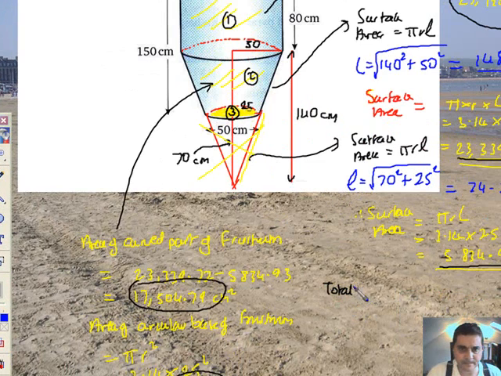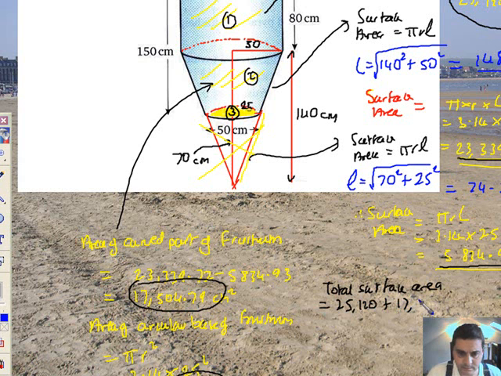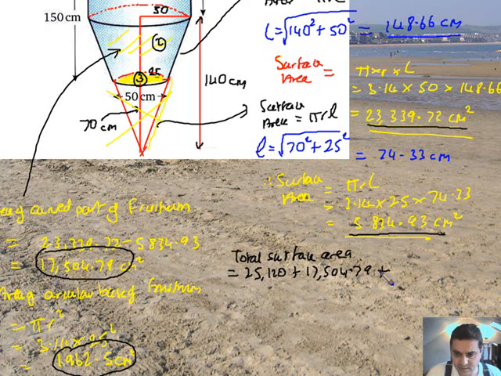Total surface area is going to be that plus that. Again, we'll round it off later, plus that, and it's probably crashed into my picture, hasn't it? Stupid thing.